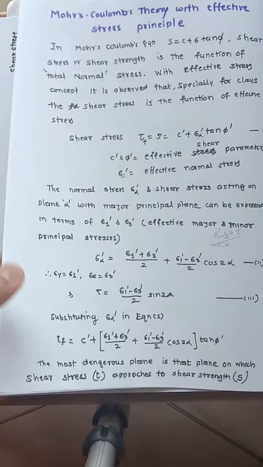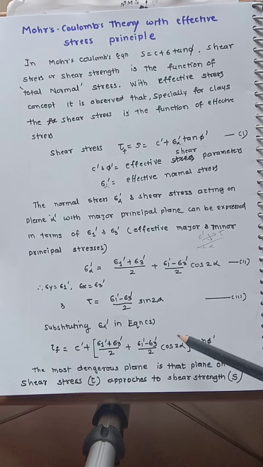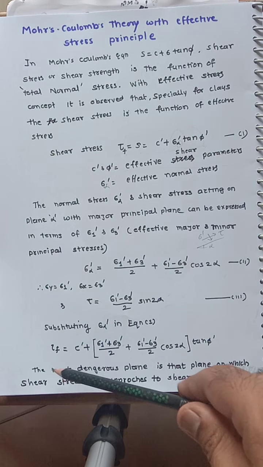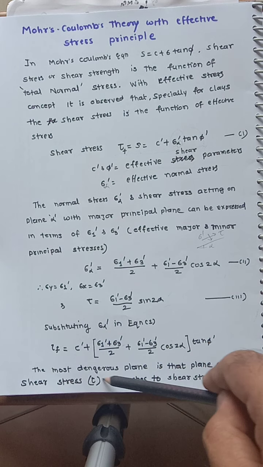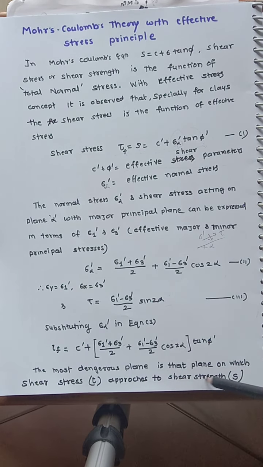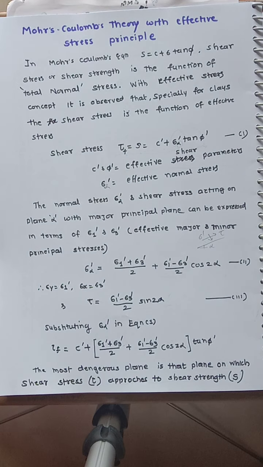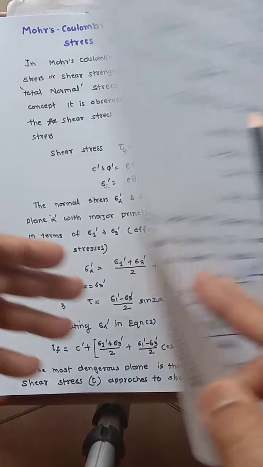When they're exactly the same, there is a possibility of failure, or when their difference decreases, then also failure chances are more. The most dangerous plane is the plane on which the shear stress approaches the shear strength. When tau approaches the shear strength, then it is the most dangerous condition.